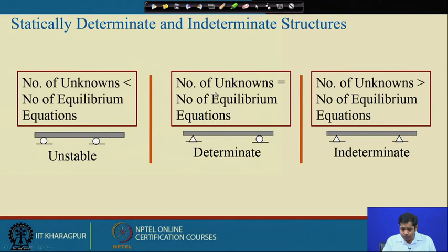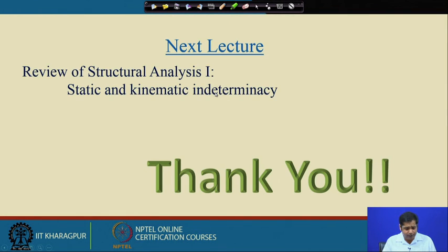Once we have revisited what an indeterminate structure is and what a determinate structure is, the next question is how to quantify the indeterminacy of a structure. If it is determinate, it is very straightforward: you have equilibrium equations exactly the same as the number of unknowns and solve.